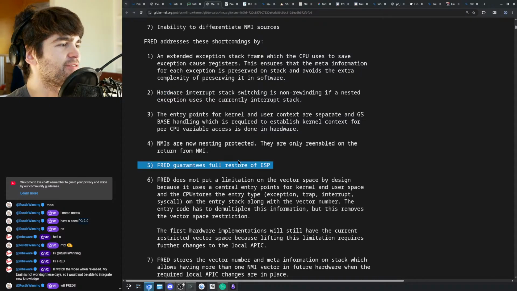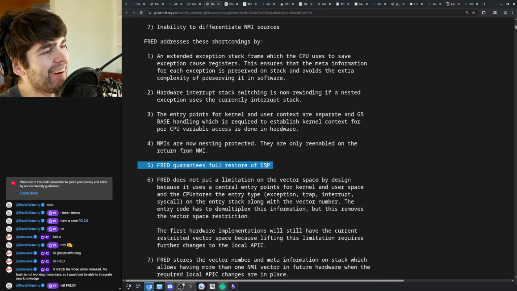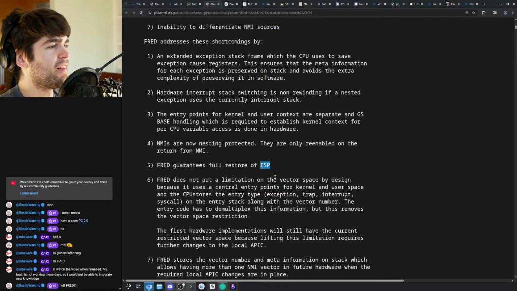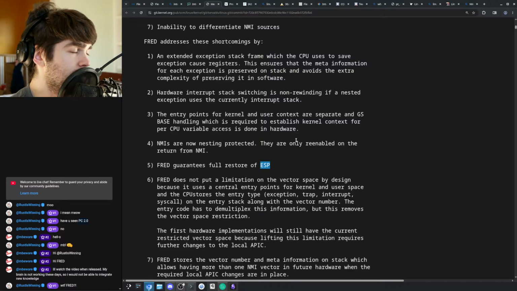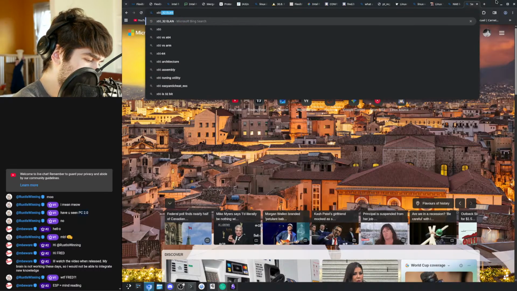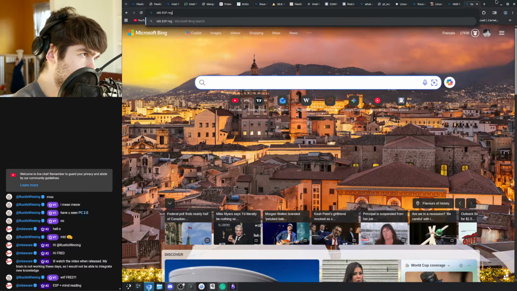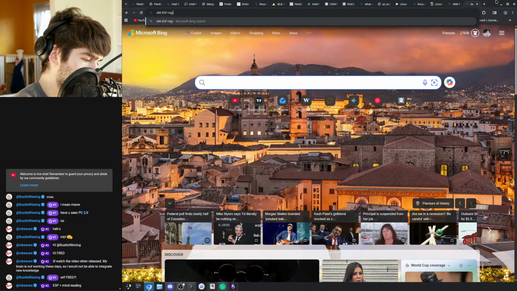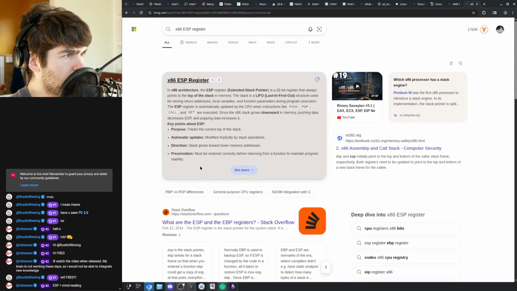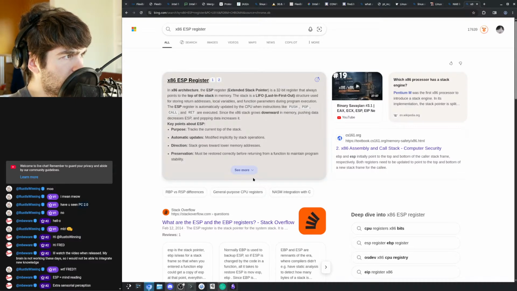FRED guarantees full restore of ESP. Haha! What is ESP? Wouldn't ESP be like the totality of registers, or something like that? Extended stack pointer is a 32-bit register that always points to the top of the stack of memory. Okay.